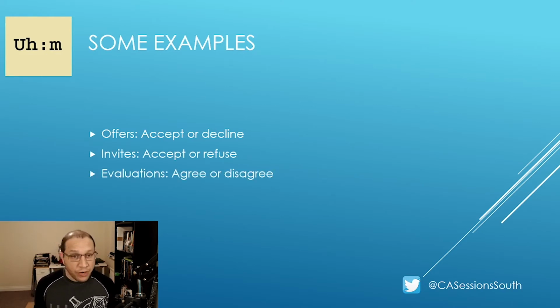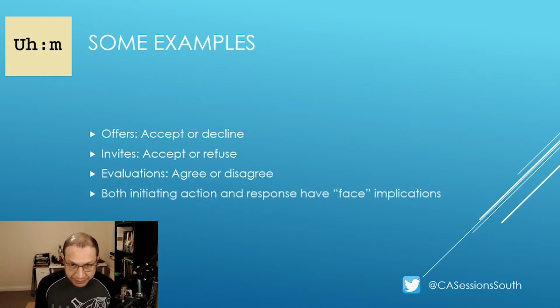And the same goes for evaluations, where a recipient can agree or disagree. And in these, both the initiating action and response can present a risk to social solidarity and have implications for face, as described by Brown and Levinson.